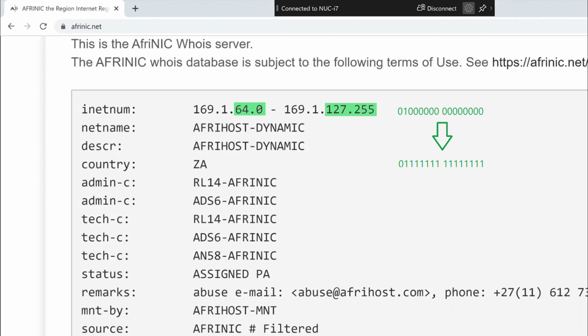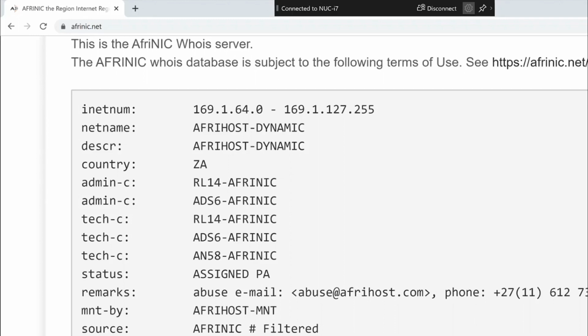So the entire network part consists of the initial 16 bits that we would have expected for the class B, plus 2 additional bits. So the full network address that we are using here, which is a subnet, would be 169.1.64.0/18. You can also see that this particular address belongs to AfriHost.